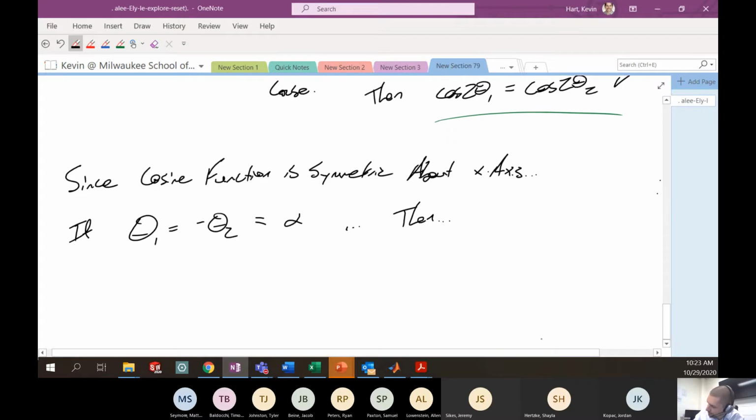Then your shear strain equation becomes the following. Let's go back up and look at our equation. I'll give you a second to copy down before I move.